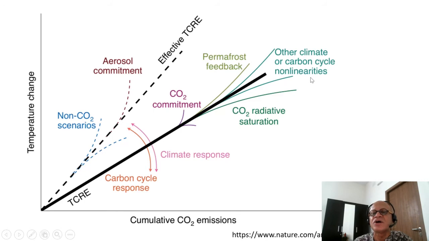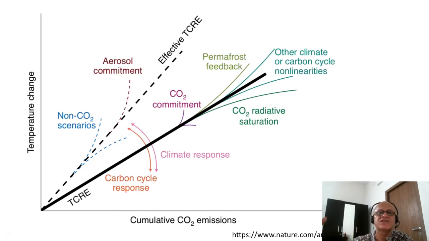There are other climate or carbon cycle nonlinearities which can drive in both directions here in terms of carbon climate feedback. So carbon affects temperature, temperature affects vegetation, respiration, photosynthesis, rainfall, which in turn affects carbon, and so on and so forth. And there are permafrost feedbacks where warming is thawing permafrost, releasing methane and CO2.